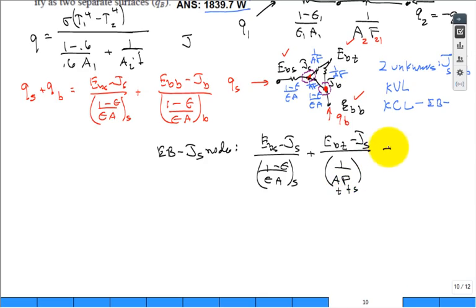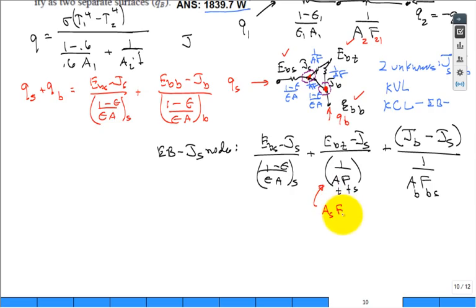Top. And then we have plus J of B minus J sub S divided by 1 over AF. Well, this is going to be either the area of the bottom, view factor from bottom to sidewall, or, again by reciprocity, I could replace that with area sidewall, view factor sidewall to bottom.